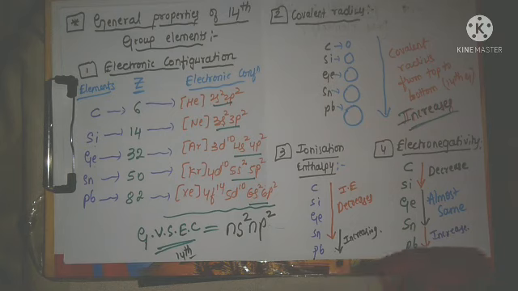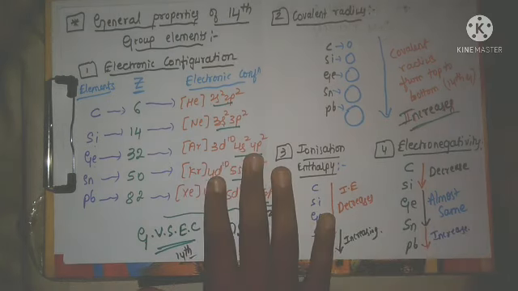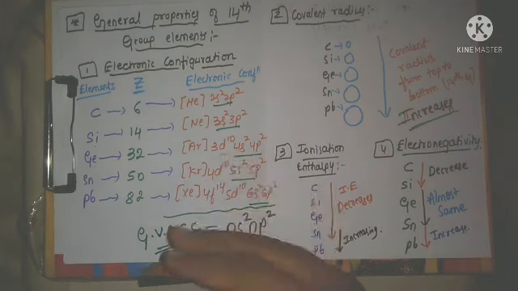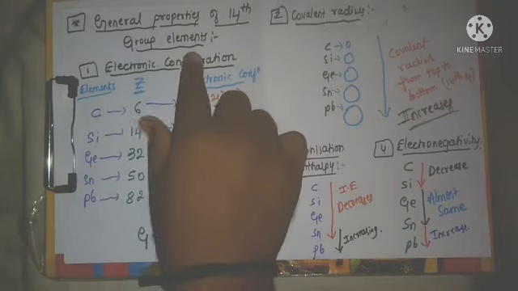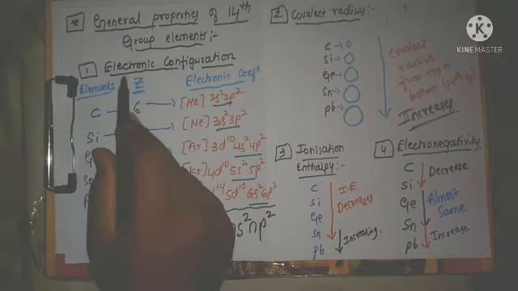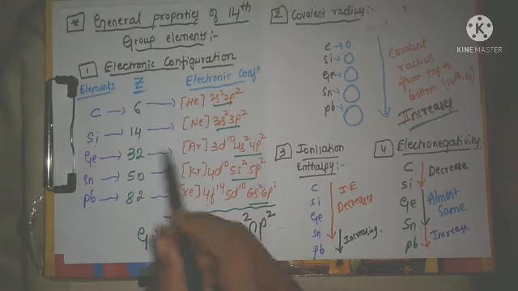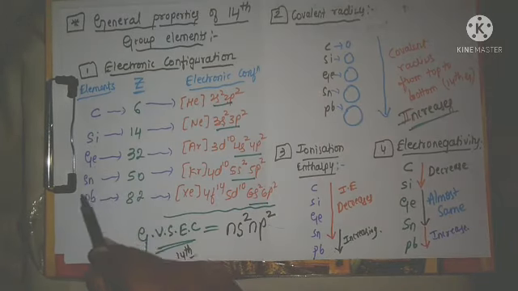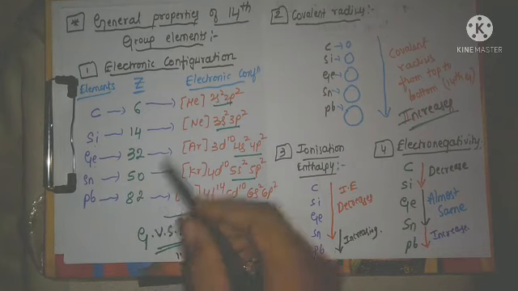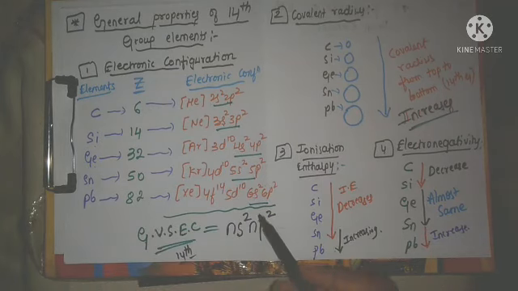These are the general properties of the 14th group elements. What have we discussed? Electronic configuration for carbon, silicon, germanium, tin, lead. What we came to know is that the general valence shell electronic configuration for the 14th group elements is ns2 np2.